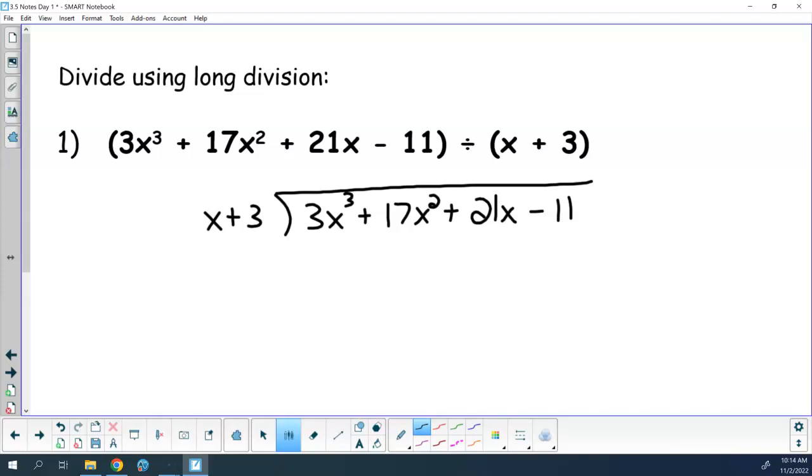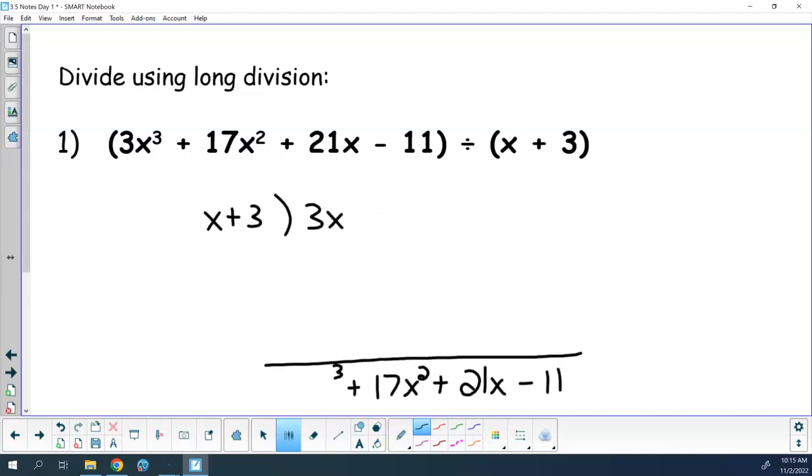Two, keep stuff organized. I'll show you how you should organize stuff. We're going to basically be organizing these problems vertically. Which means that in this column right here should only be x cubed terms. In this column right here should only be x squared terms.